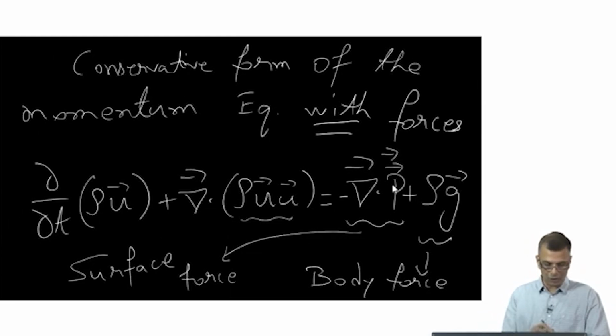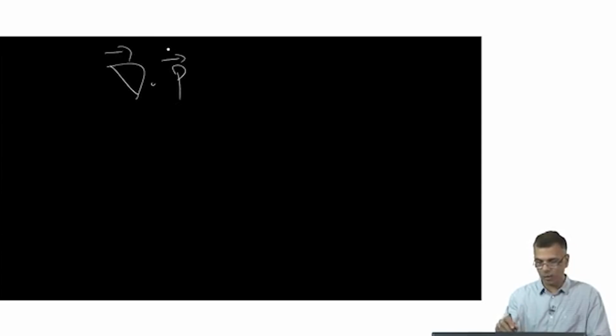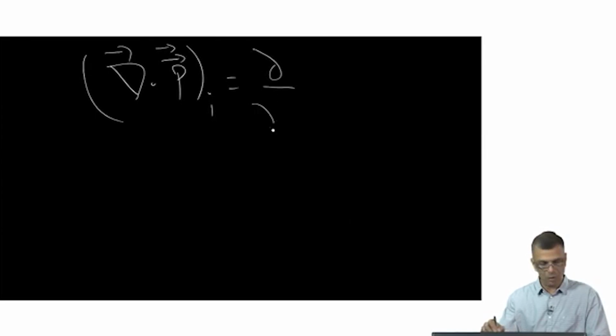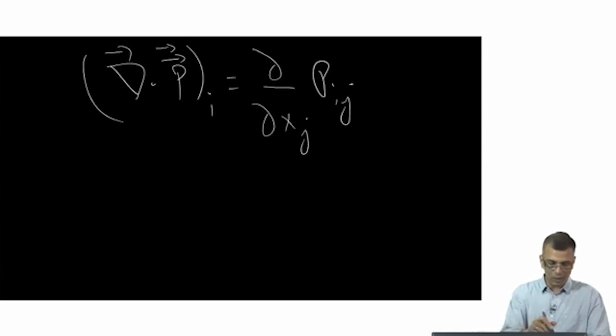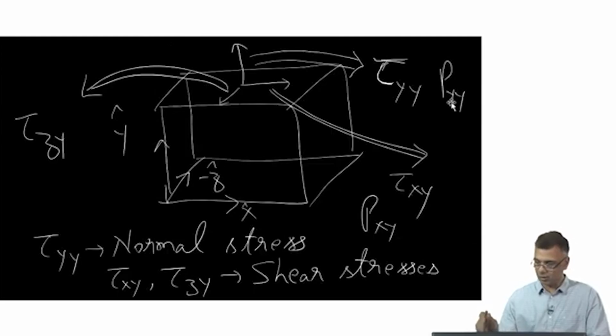The ith component of the divergence of this is simply this, where Pij is this.